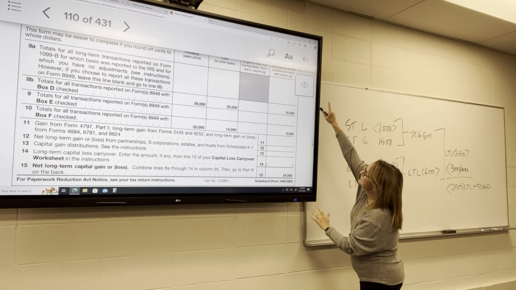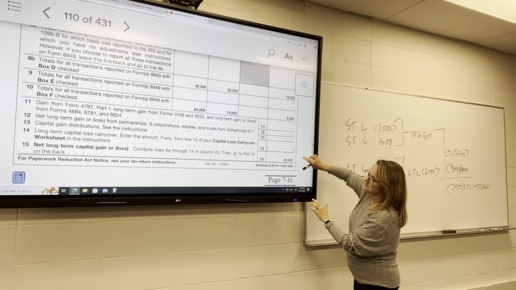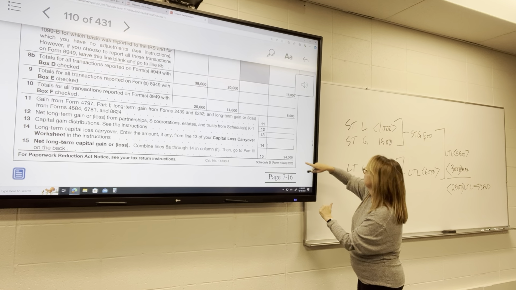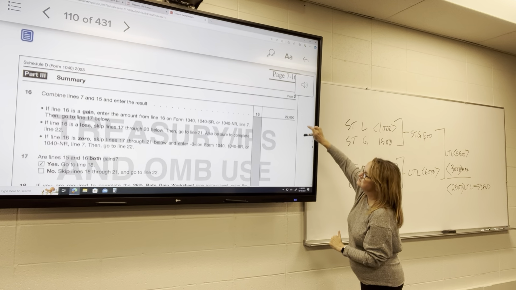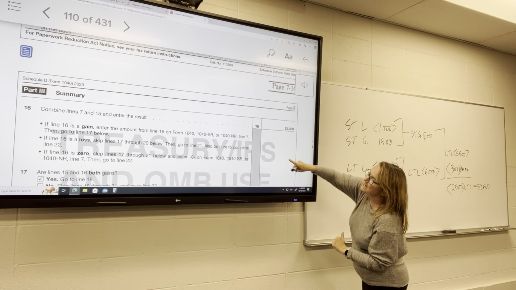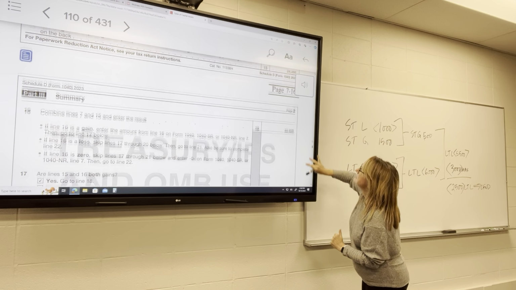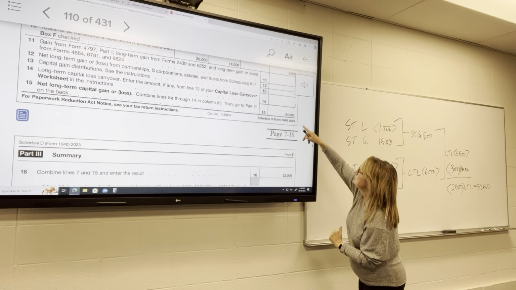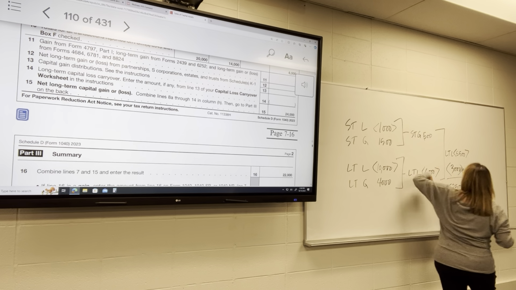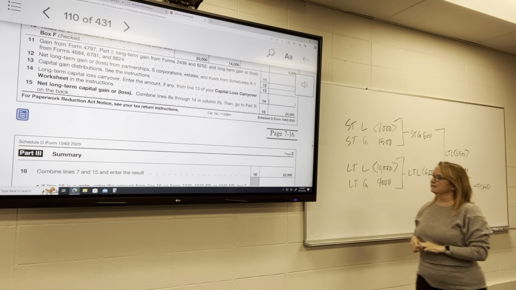So all of those then, long-term capital gain or loss, this part here gets totaled, and then for the rest of the netting, combine lines 7 and 15, so that's our short-term and our long-term, where we're combining it.